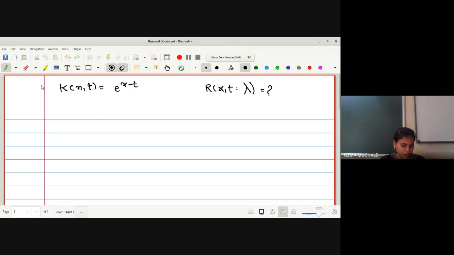You have to find out the resultant kernel for the kernel K of x, t equals e raised to x minus t. How to find this?